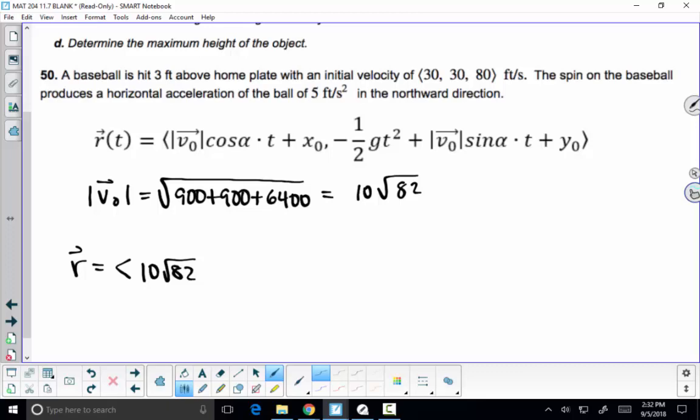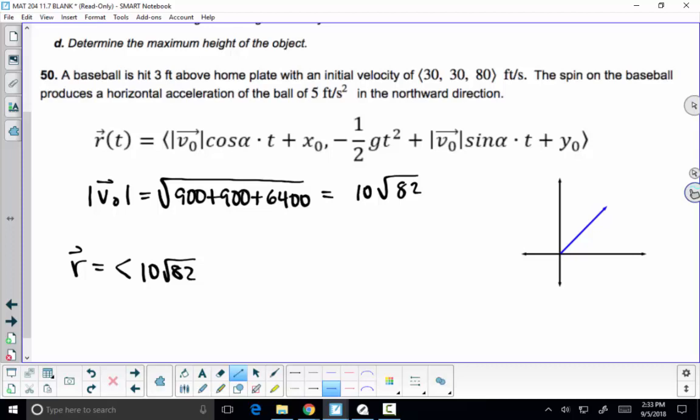If the velocity is 30, 30, it's 45, but the angle we're really looking at is the angle of elevation. The 30, 30 bisects this quadrant, that's the 45 piece, but then it's up. Everyone follow? We're bisecting that quadrant, but then we're going up.